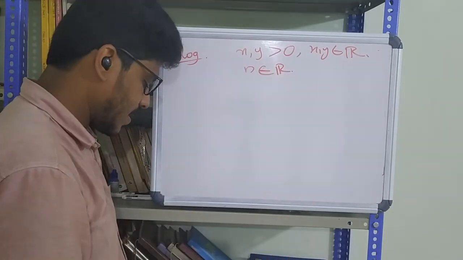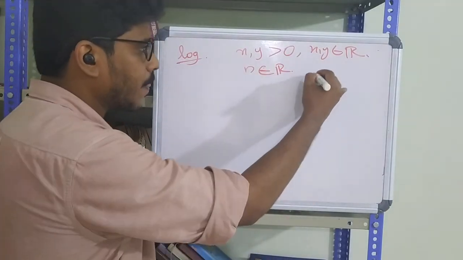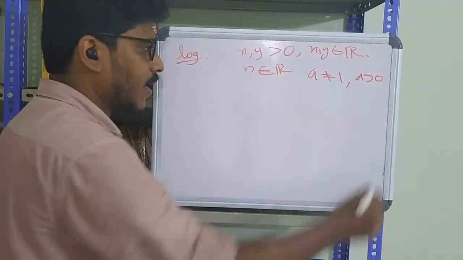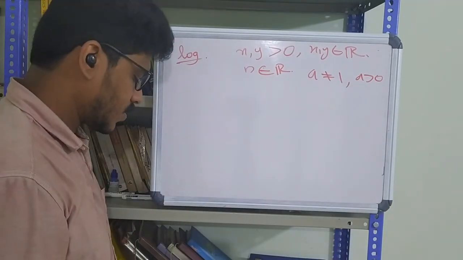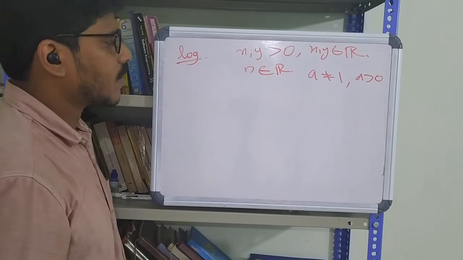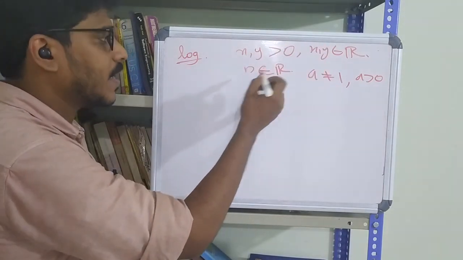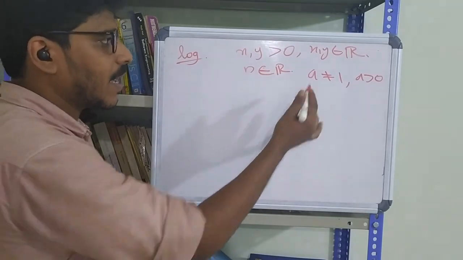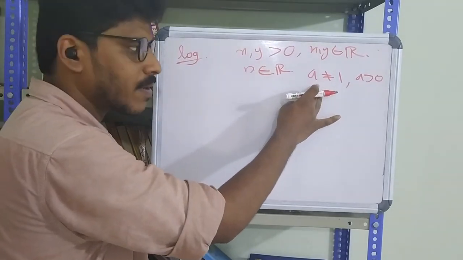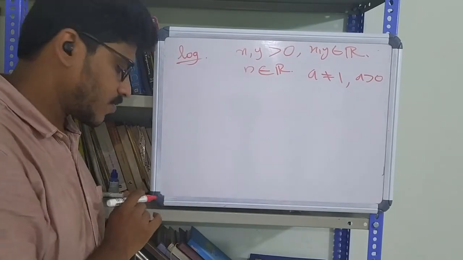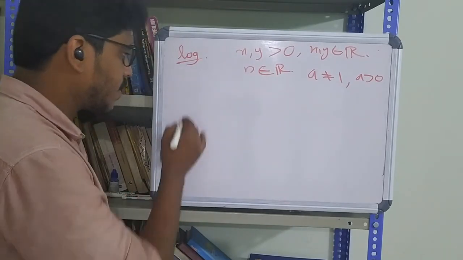So n is any random real number, and a not equal to 1 be positive real number. So what are our assumptions? x and y are positive real numbers. n can be any real number, and a is a positive real number which is not equal to 1. If it is the case, we have the properties.